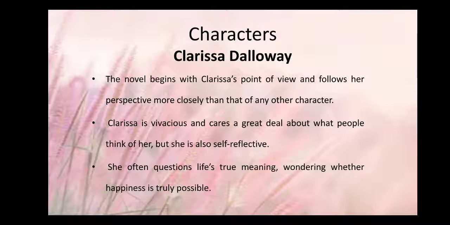We are kind of not very open to her thoughts. Her thoughts are meandering here and there, moving, and we are not very familiar with her thoughts. Clarissa is vivacious and cares a great deal about what other people think of her, but she is also self reflective. She often questions life's true meaning, wondering whether happiness is truly possible.